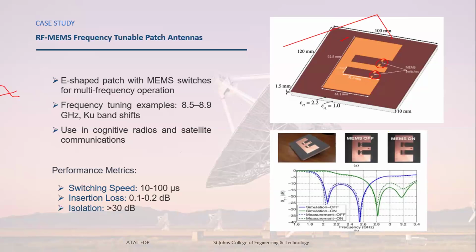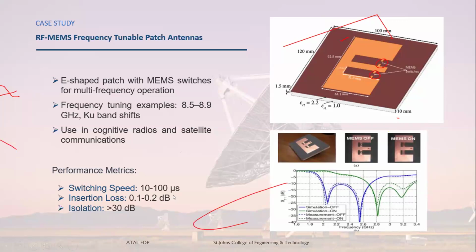But switching speed is approximately 10 to 100 microseconds. Isolation is more than 30 dB. What is the guarantee that when the switch is in off condition, some current does not flow? What is that loss? What is that isolation? That is also an important parameter when I choose a particular component for reconfigurability.